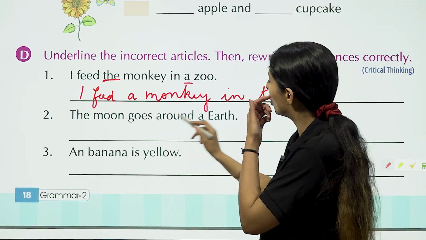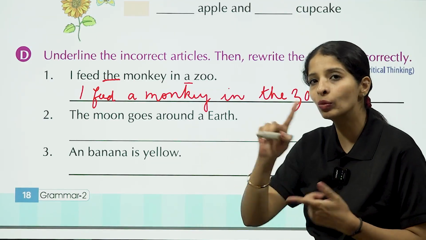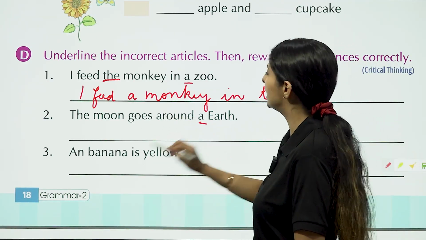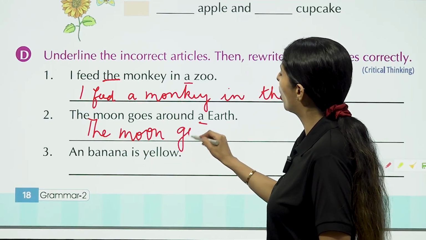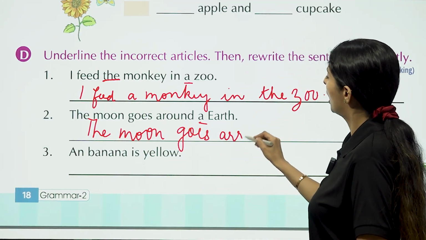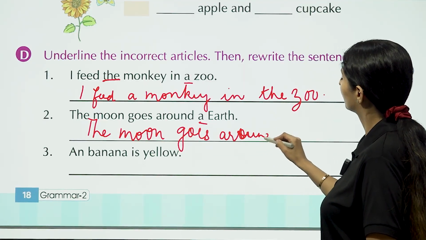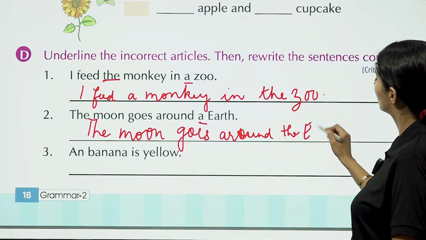Next, a moon goes around an earth. Earth is one of its kind, so it is incorrect. The moon goes around the earth.